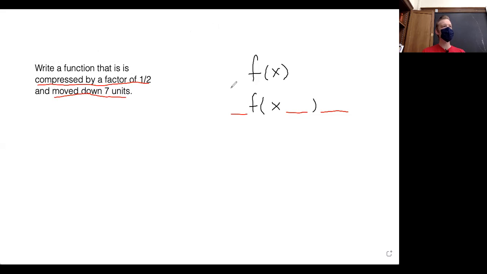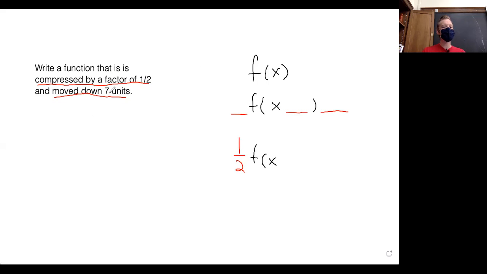If we think back to Tuesday, if we're compressing by a factor of 1/2, where is that 1/2 going to go? Is that going to go in front of the f? Is that going to go inside the parentheses, or is that going to go on the end? It's going to go in the front, exactly. So I know that I'm going to have my 1/2 out front. I know that I have my f in my parentheses with the x right here.